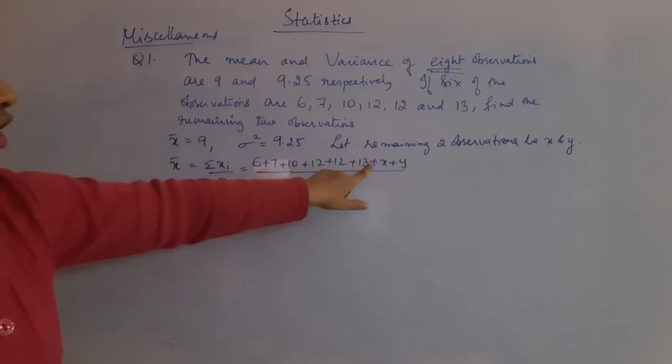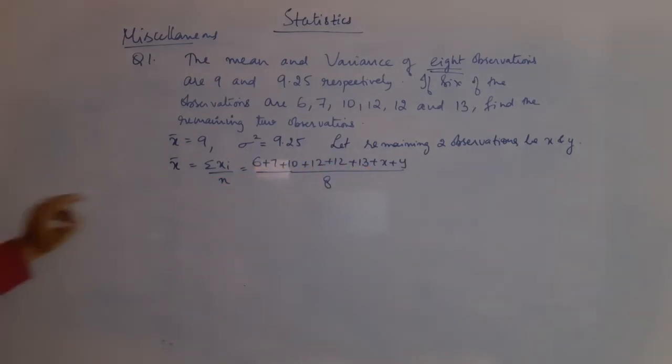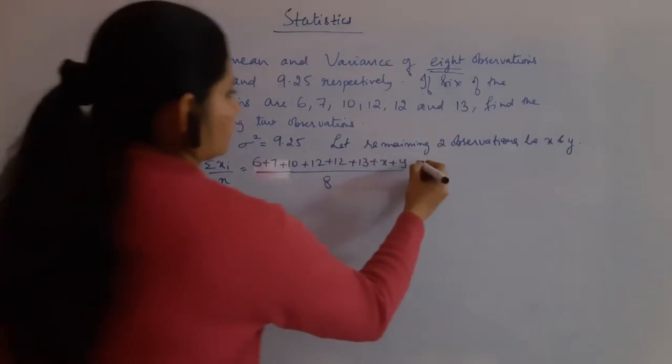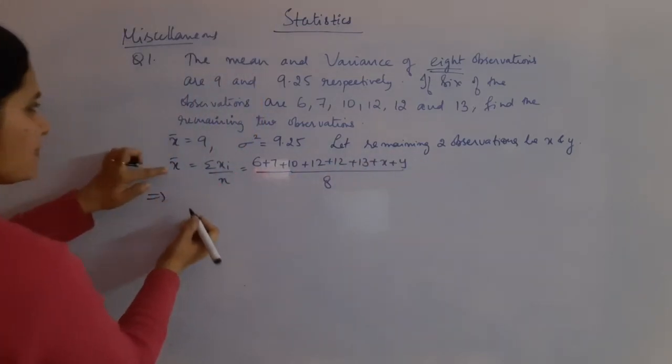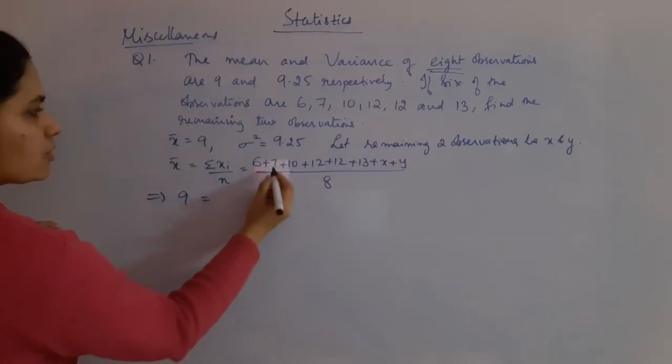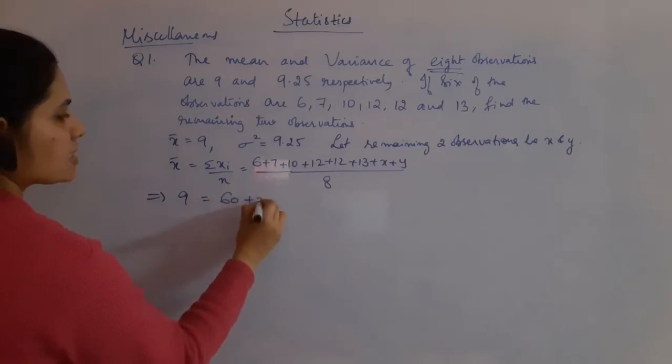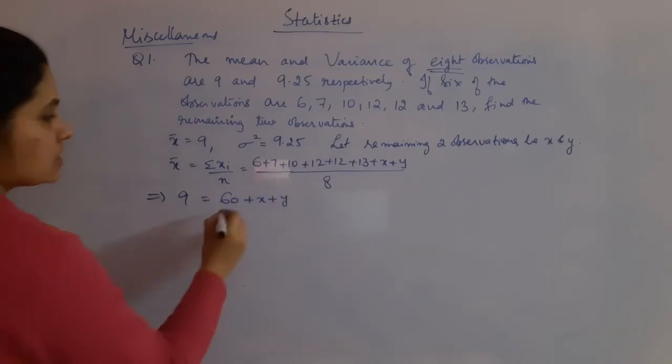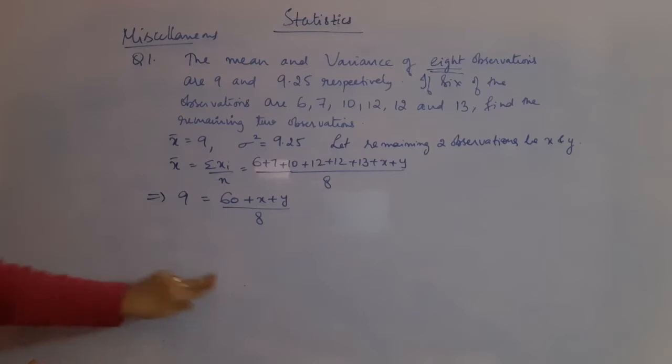So 6 plus 7 plus up to 13, how much will you get? Just calculate and tell. Are you getting 60? If you are getting 60, we can replace x bar with 9 is equal to 60 plus x plus y divided by 8, right?